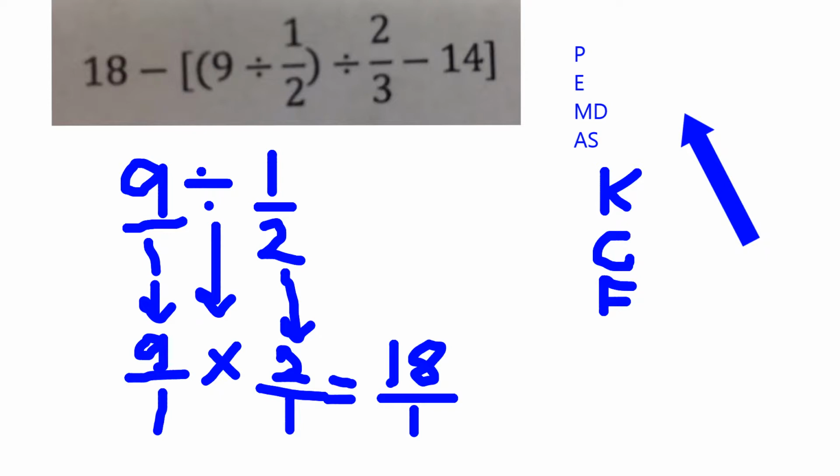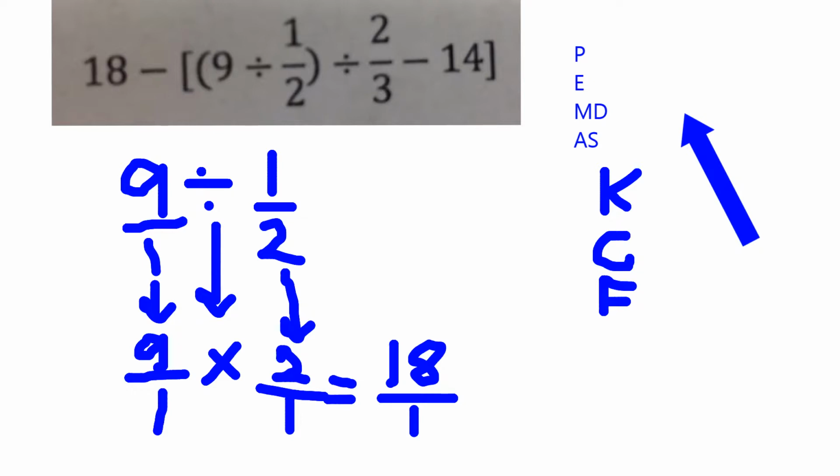So what we're going to do now is use that for this problem here. So we have 9 over 1 divided by 1/2. So we're going to keep the 9 over 1, and we're going to get 9 over 1. We're going to change the division to multiplication. This is the change step. And then we're going to flip the 1/2, which is going to give us 2 over 1.